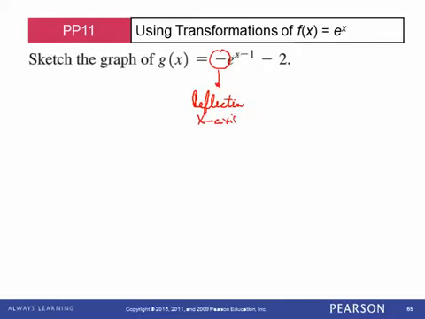So if it's negative inside the function, we've got y-axis symmetry. If it's negative outside, okay. What is this guy going to do? We've got a shift right, and we have a shift down. So let's do this one.